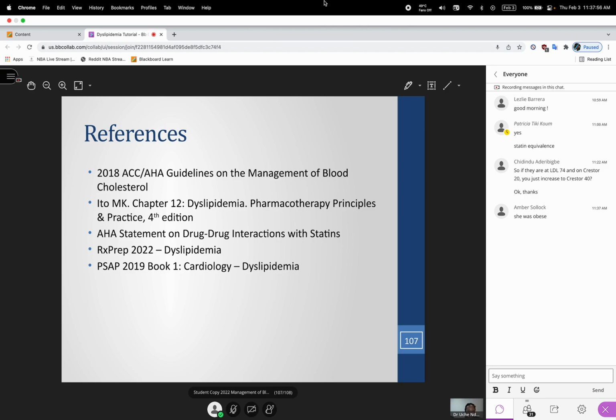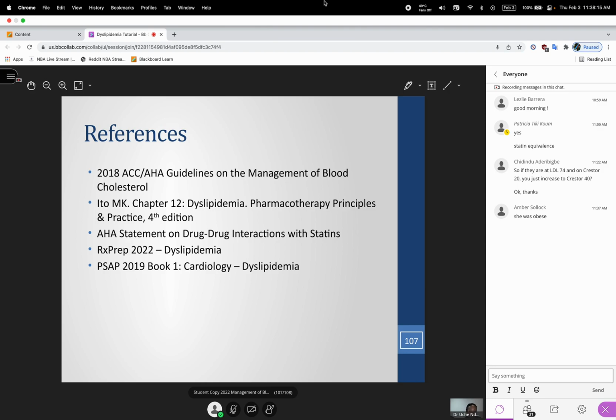So if you chose to go with high intensity with her, you would not be wrong. If you chose to go with moderate intensity with her, you would not be wrong. Which is a very hard pill to swallow, but they literally in the guidelines say moderate to high intensity. And they kind of leave it up to your judgment.